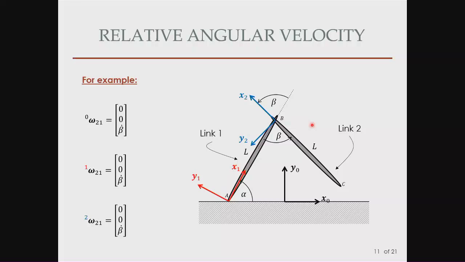So you have here just beta dot, not minus beta dot. In other words, if beta increases, or beta dot is positive, you will have a positive relative angular velocity of link 2 relative to link 1. Is it clear? We'll see more examples. Any questions about that?